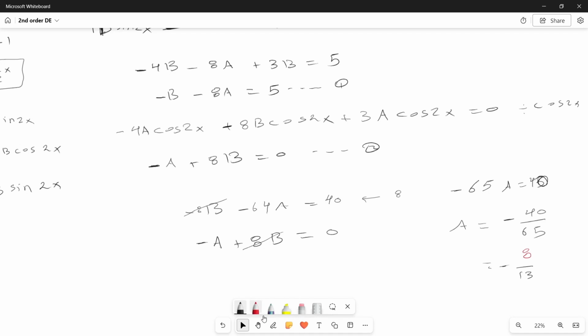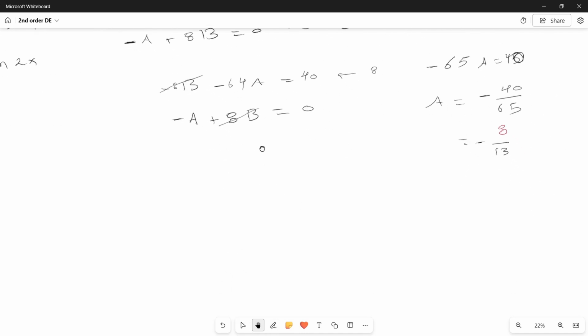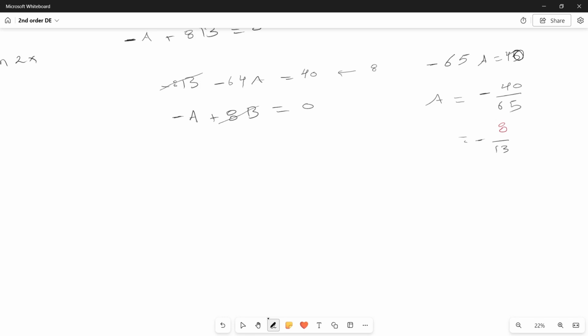Now we can substitute the value of a into any of our equations here. Negative a plus 8b is equal to 0. Negative of negative 8 divided by 13 plus 8b is equal to 0.